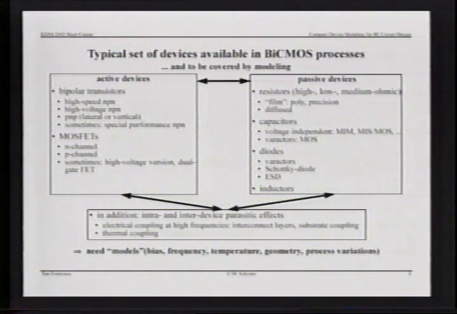I've listed a couple of them, and we will talk about them. And there's nothing you can do. All these devices will have parasitic effects, and they are becoming increasingly important for high-frequency operation. And what we need to do is we need models for designers that describe the operation of a device as a function of bias, frequency, temperature, geometry, and not to forget process tolerances.